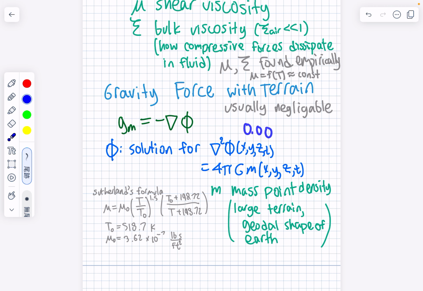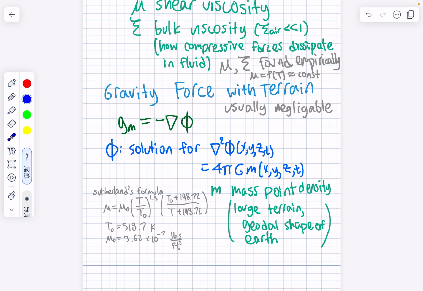So we honestly don't really care about that, because usually velocities are something like 1 meter per second or 10 meters per second, maybe 40 meters per second at the very highest. So we usually ignore this.